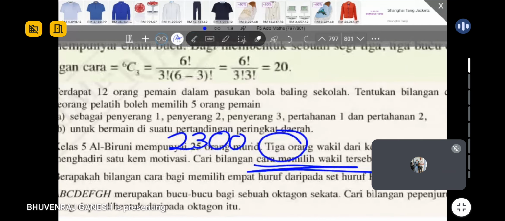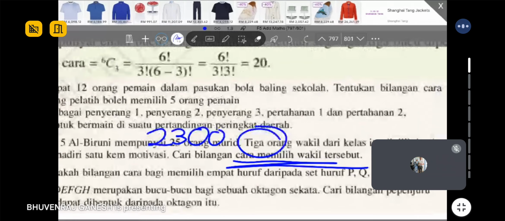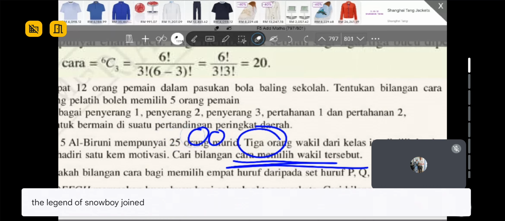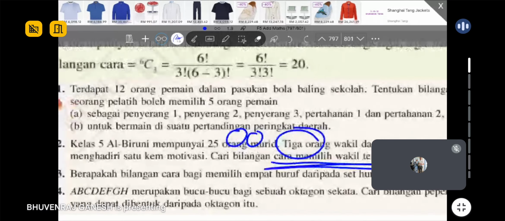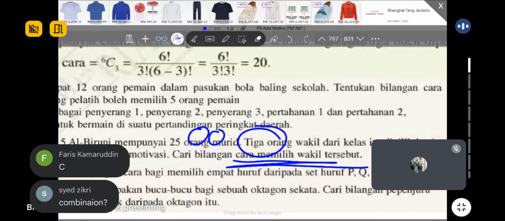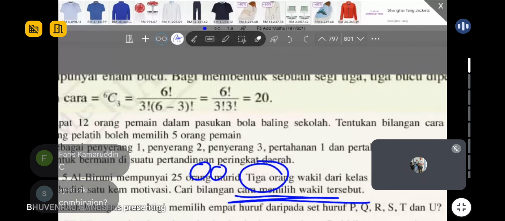So for question number 3, guys, what is the method I should use? Permutation or combination? For soalan number 3. So anyone? Question number 3? Yes, correct. You should use the combination method.